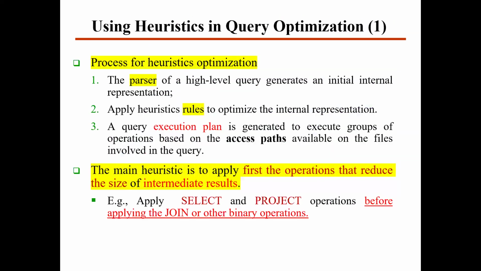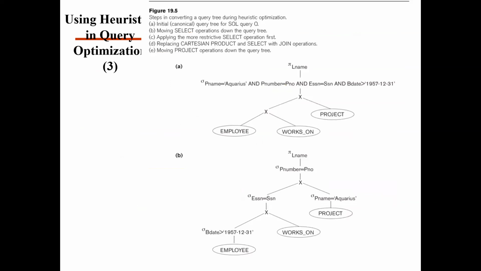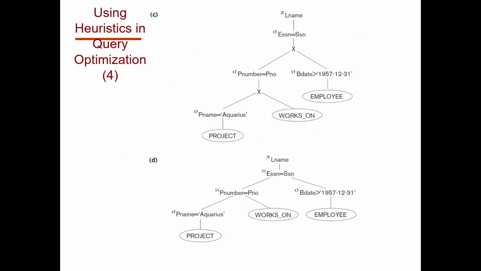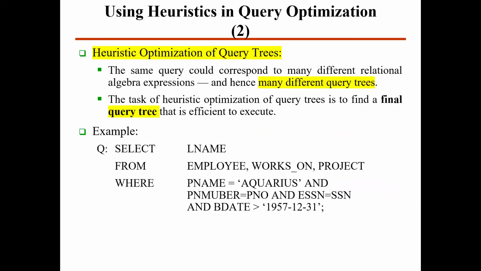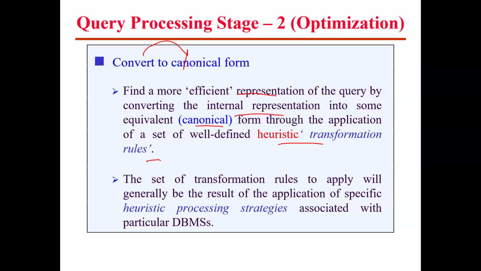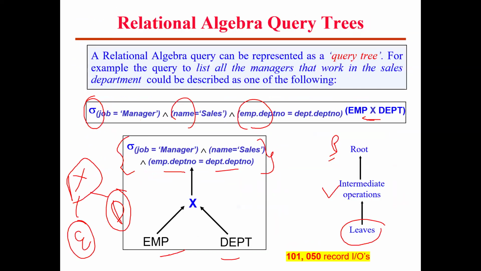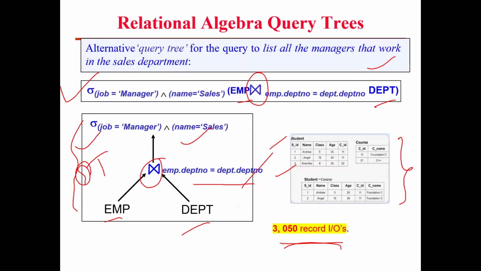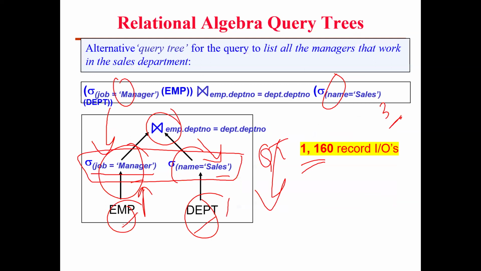For example, we have one query, then it is optimized to a second one, then optimized further, and further. All of them are called canonical forms, the different possible forms. Here we have seen three canonical forms, this one with this cost, and the third one with this cost. Which is the best one? This is the best canonical form.